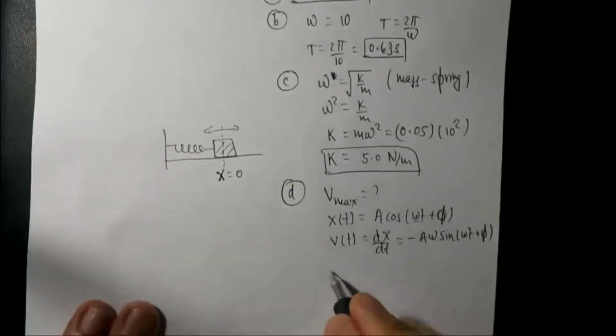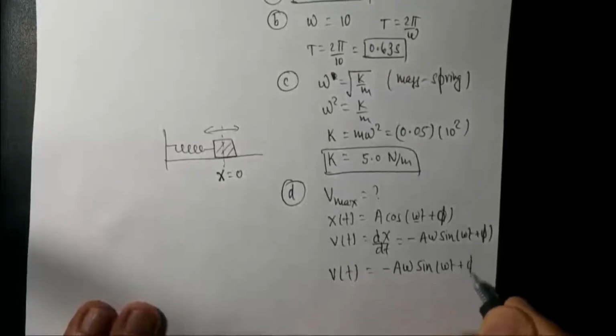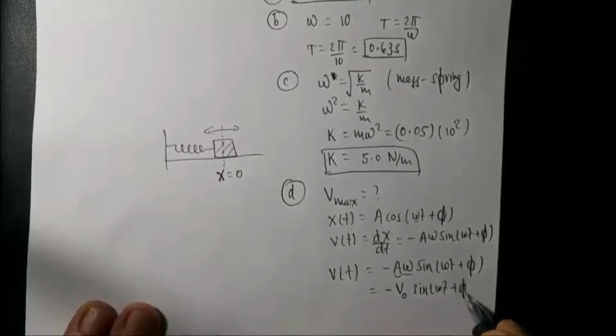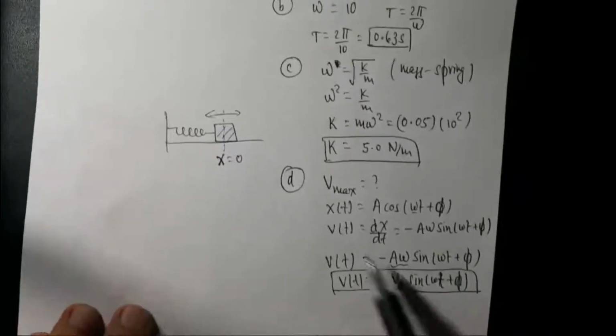So your velocity function came out as a omega and some sine function. This is negative v naught sine omega t plus phi. That's how the velocity function changes for an oscillating mass.